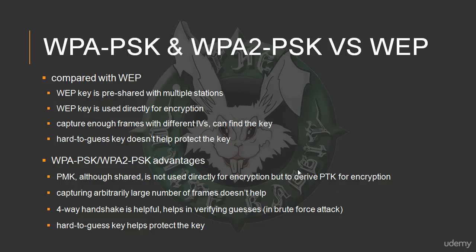In the case of WEP, due to these many weaknesses, even if the key is hard to guess, it doesn't help to protect the key. Whereas with WPA-PSK and WPA2-PSK, it helps if the passphrase is hard to guess, not a simple dictionary word or simple combination of dictionary words.